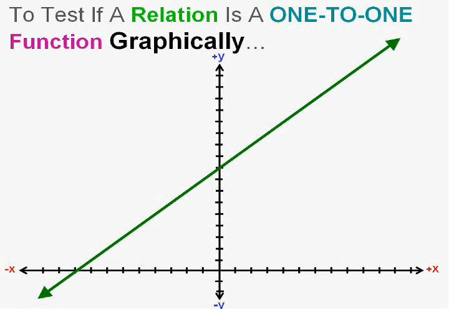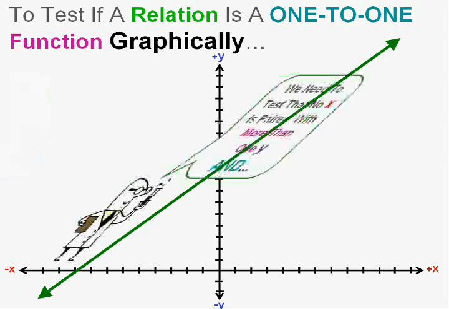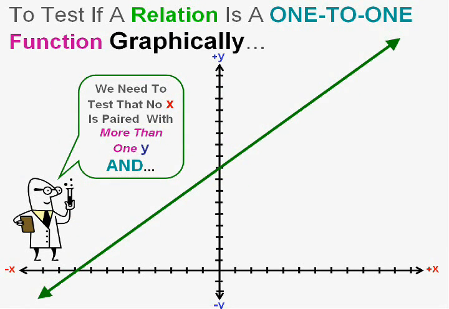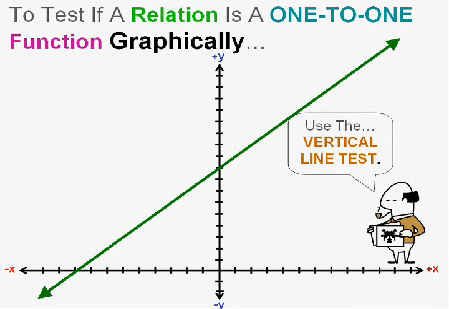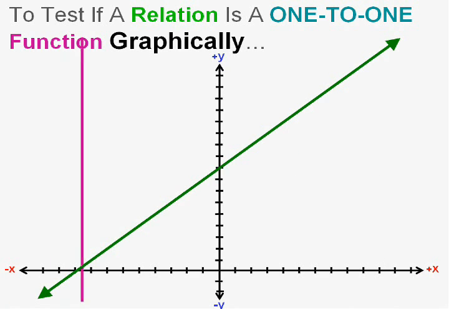Just as we can test that a relation is a function graphically, we can also test that a relation is a one-to-one function graphically. We'll have to do two tests, though. First, we'll test that no x is paired with more than one y using the vertical line test. That proves that it's a function.